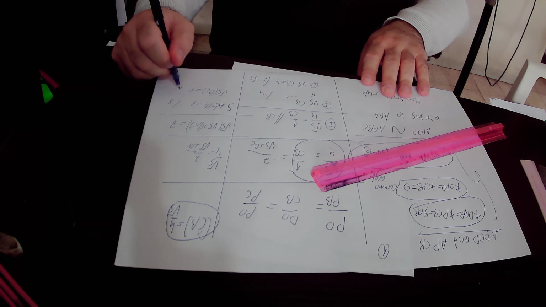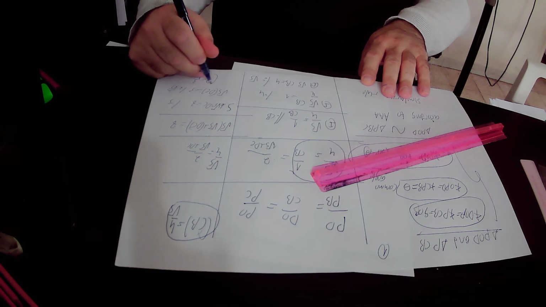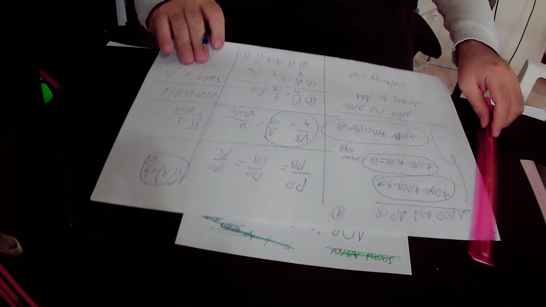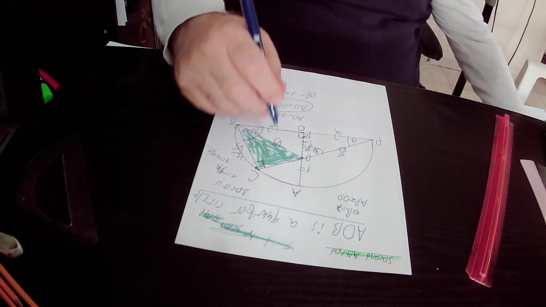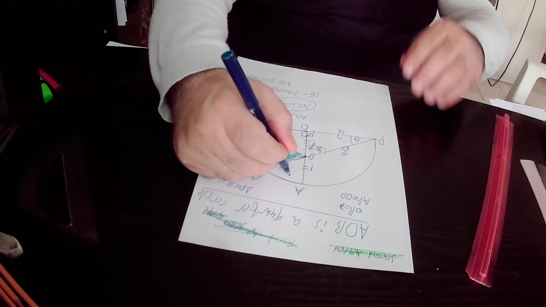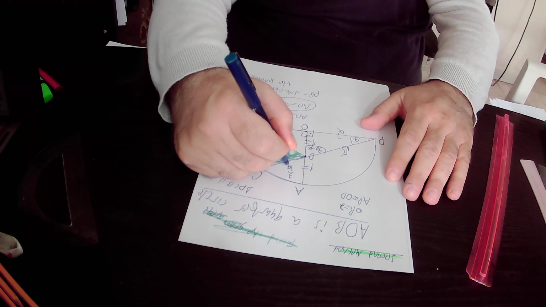We divide this equation by square root of 5, and we get that DC equals 3 over square root of 5 units.